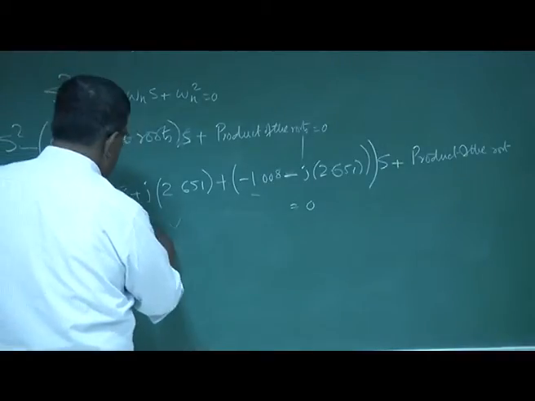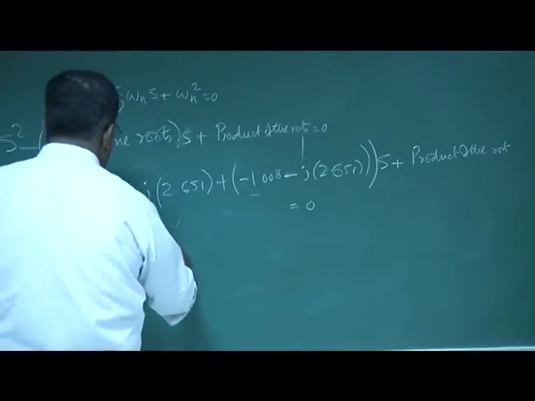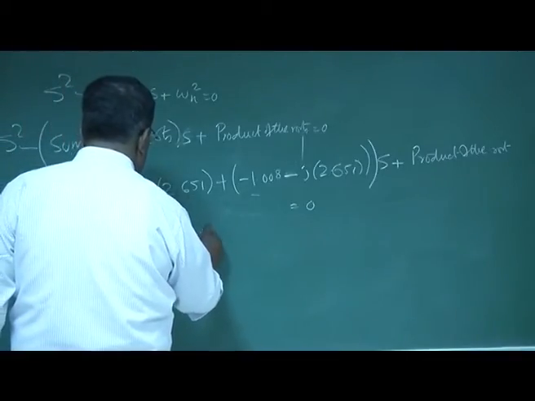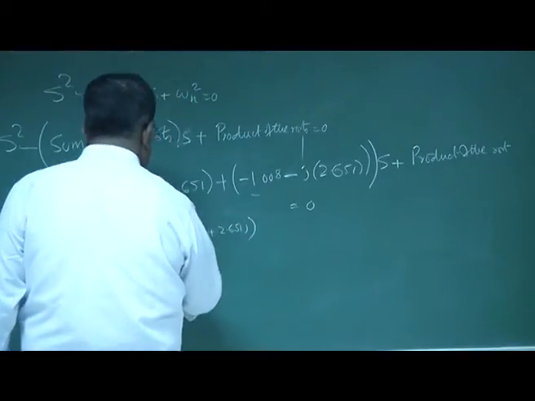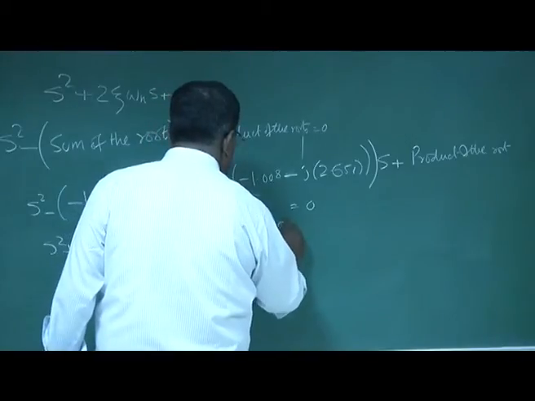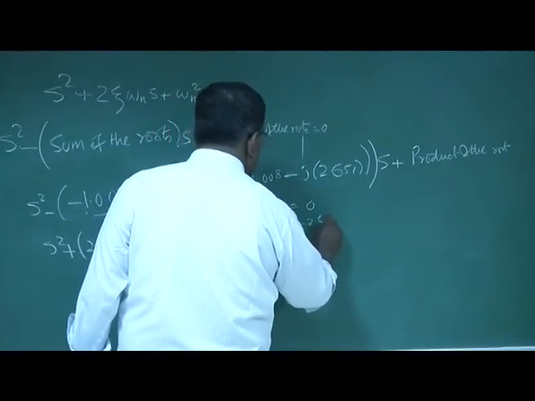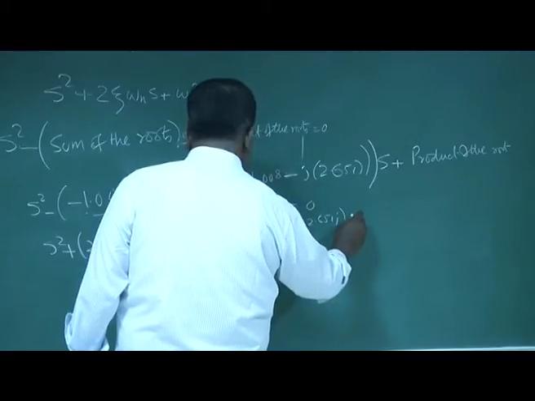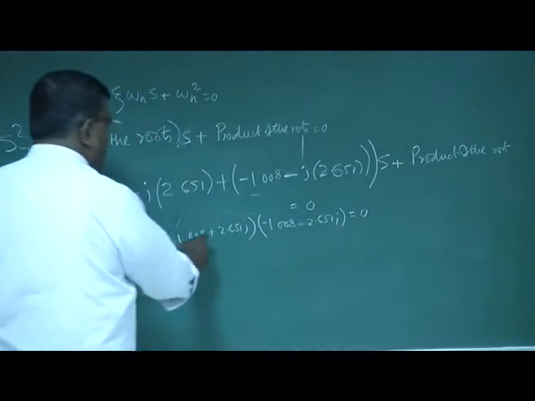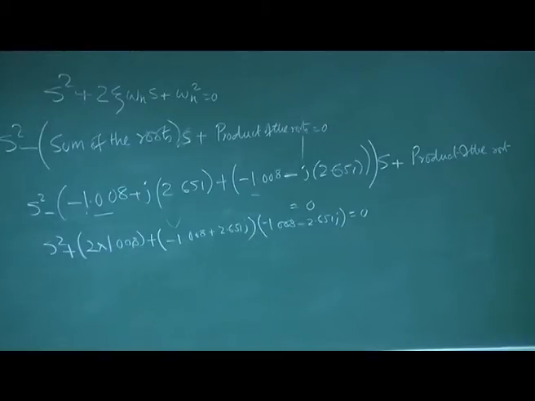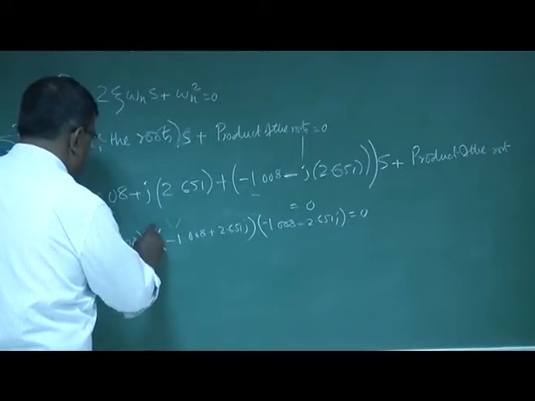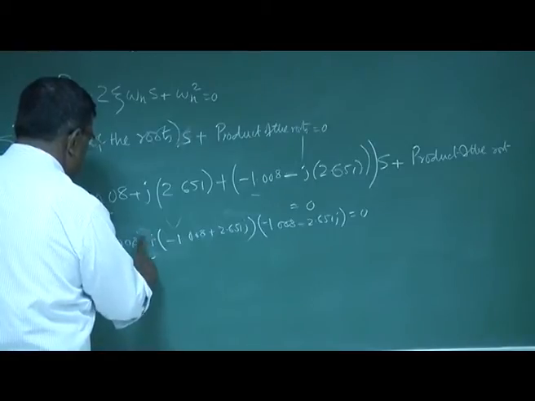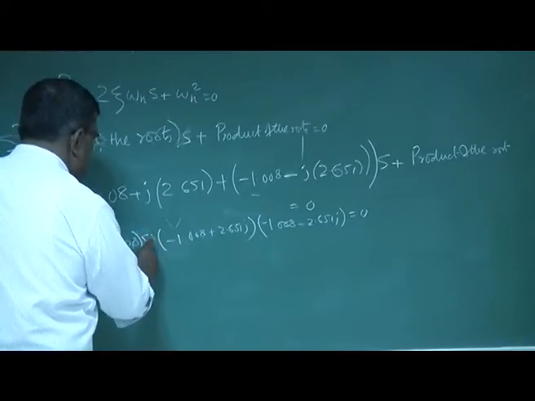This product is nothing but a plus b into a minus b, so you will get 2 into this into s.